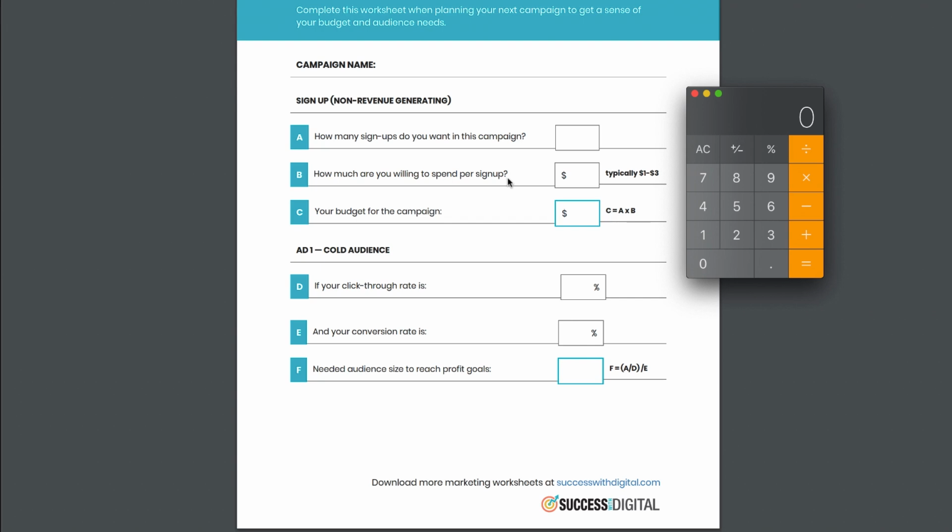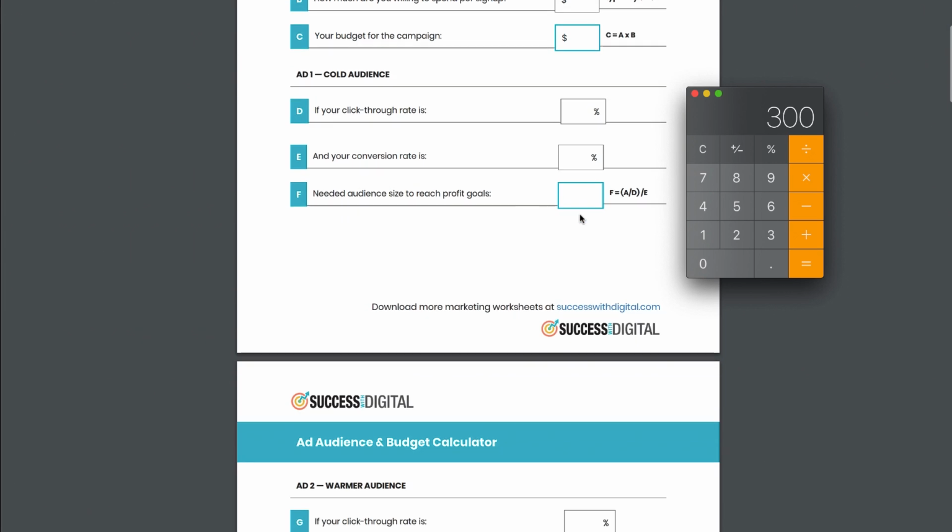It might be more, it might be less. So you can fill that out here, and then this gives you what your campaign budget is. So if you want 100 signups and you're willing to pay $3 for every sign up, then your campaign budget would be $300.